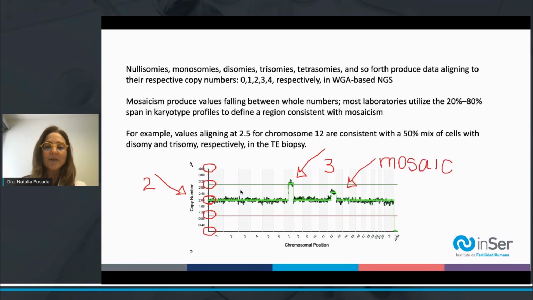And here we have chromosome 12 that shows an alignment between 2 and 3. And this is how mosaic embryos present. Here we have a 50% mosaicism for chromosome 12, which indicates that if, for example, we had biopsied 10 cells from the trophectoderm, 5 were aneuploid and 5 were euploid.